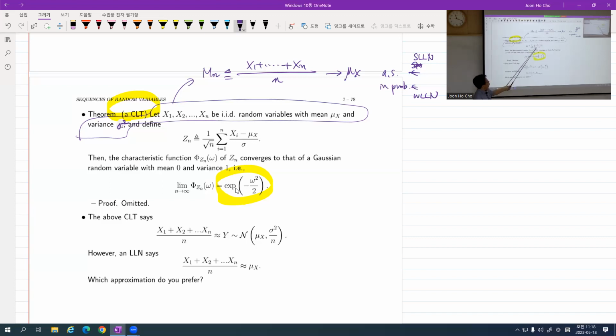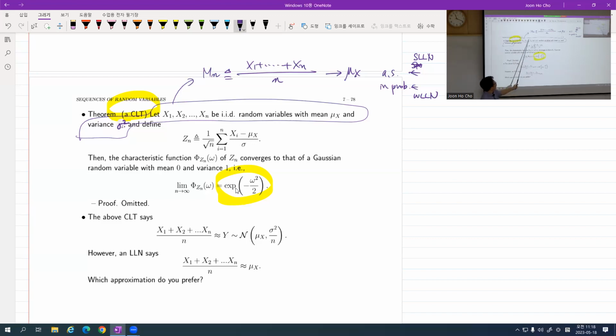Then what happens to this one? What is the mean value of this summand? It's 0, right? What is the variance of this one? Unity, right? So this becomes a zero mean, unit variance random variable. I didn't say it's Gaussian because there is nothing related to Gaussian yet, right?